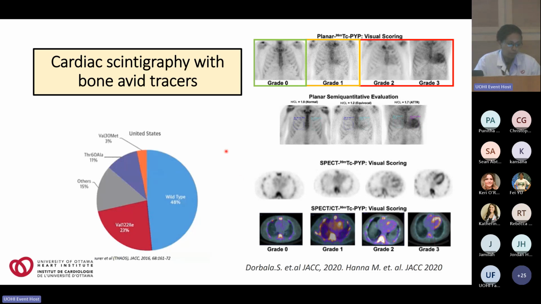But typically, after ruling out AL, if we see a grade 2 or 3 uptake on PYP or DPD scan, then that's very specific for ATTR amyloid. There has been more and more advocacy to do SPECT, as it allows us to properly make the diagnosis.